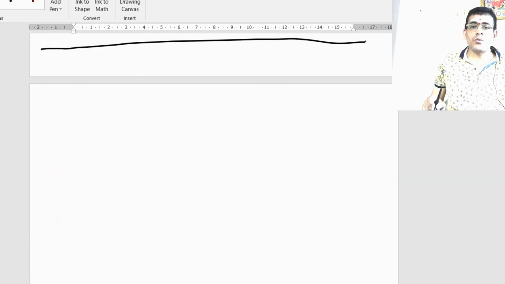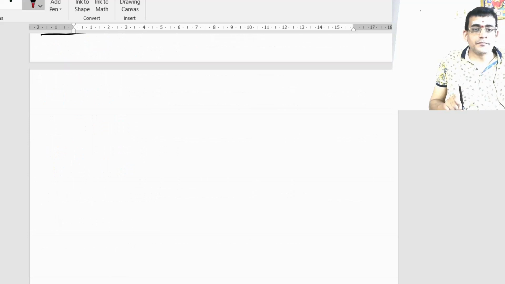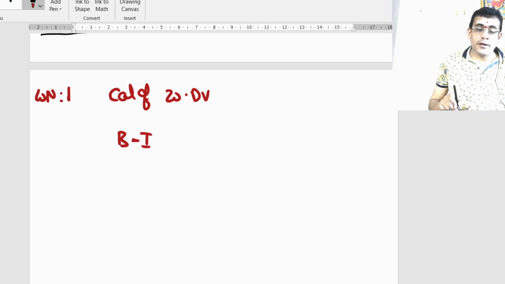So now let us go to your working note number 1. Working note number 1, calculation of written down value. We are having multiple blocks. Let us take your block 1. Let us first see for your block 1 what is the case there.